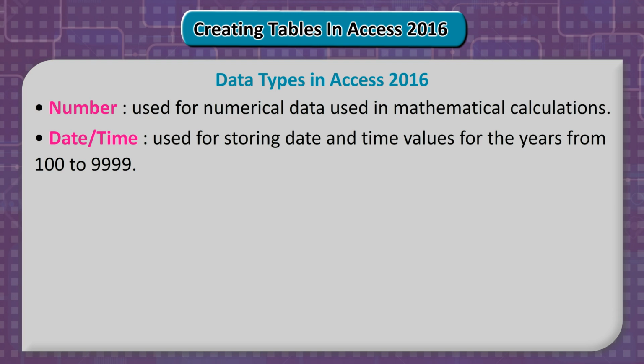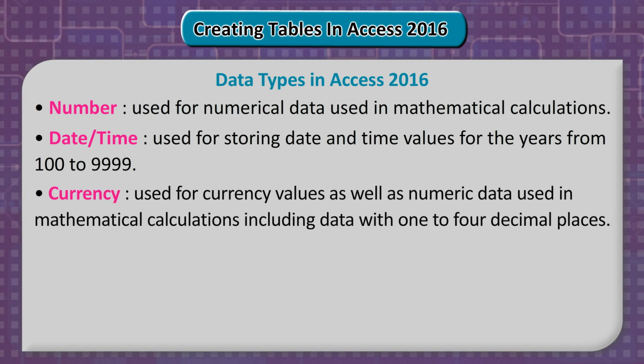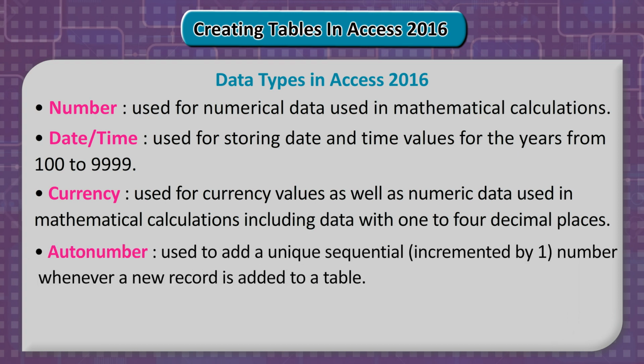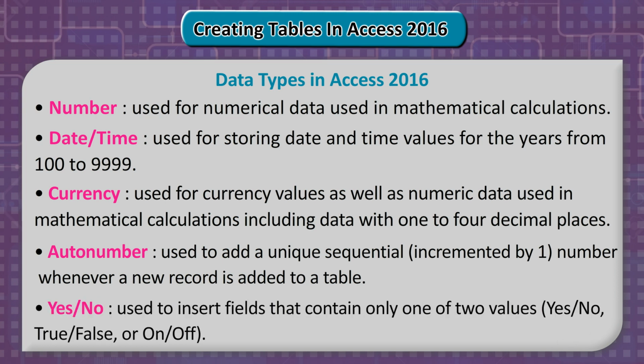Date/time, used for storing date and time values for the years from 100 to 9999. Currency, used for currency values as well as numeric data used in mathematical calculations, including data with 1 to 4 decimal places. Auto number, used to add a unique sequential number, incremented by 1, whenever a new record is added to a table.